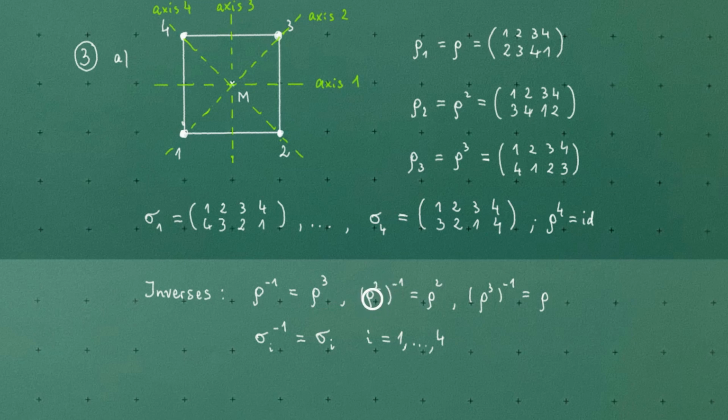The inverse of rotating by 180 degrees is itself, rotating by another 180 degrees, and the inverse of rho to the third power is simply rho. And of course all the reflections are self-inverses. If I apply them twice, I end up with the identity, so this is very easy.